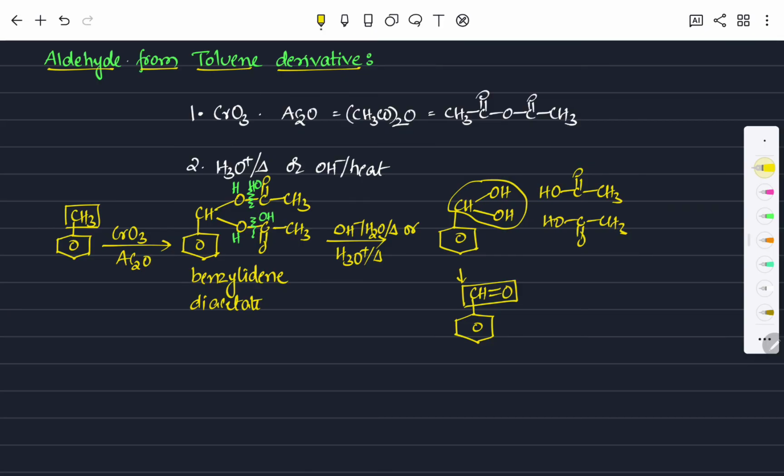Sometimes they don't give the hydrolysis in the exams, so we have to understand the question and solve accordingly. Second example: benzene with CH3 and, at the para position, NO2. Para-nitrotoluene, when treated with CrO3 and acetic anhydride followed by hydrolysis, we can write the answer directly.